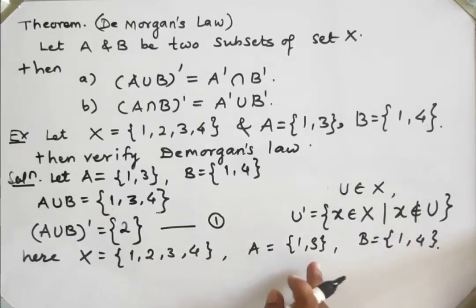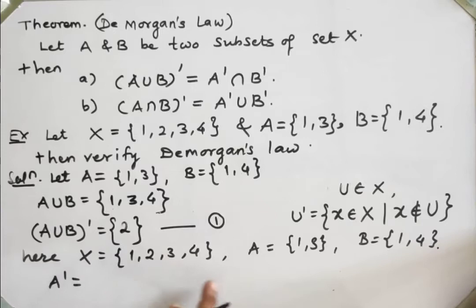Therefore A complement is the set of all elements x belonging to X but x does not belong to A. So A complement has elements 2 and 4.